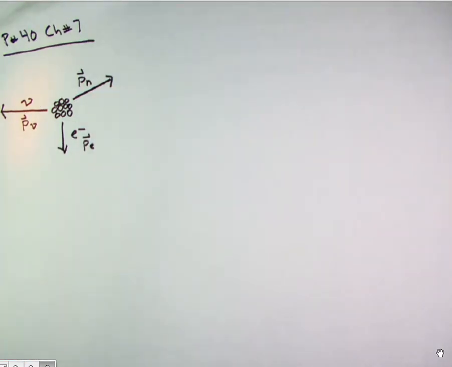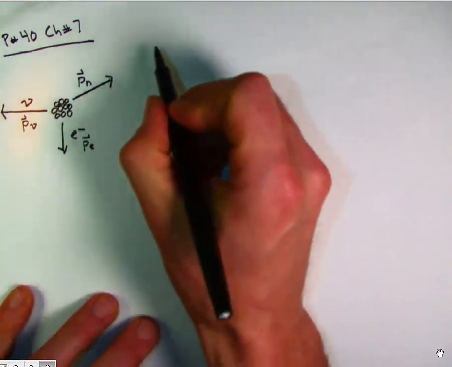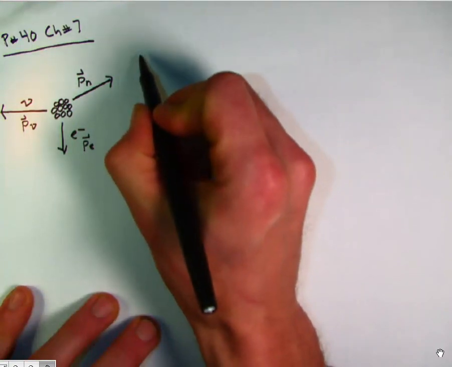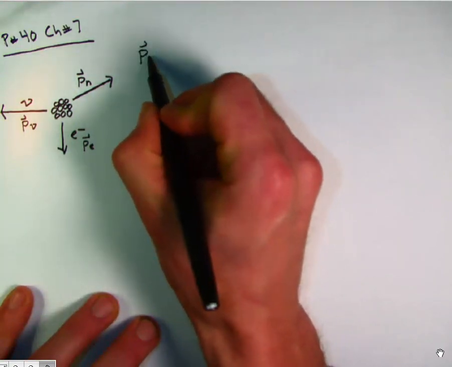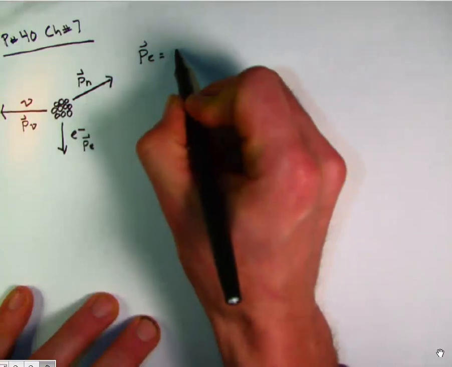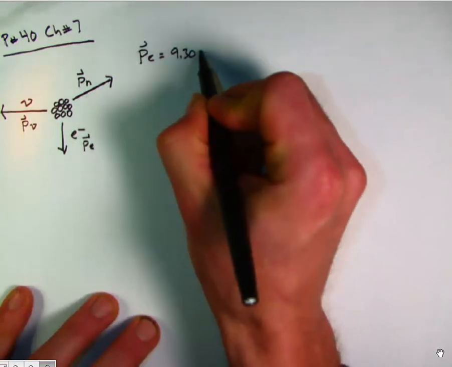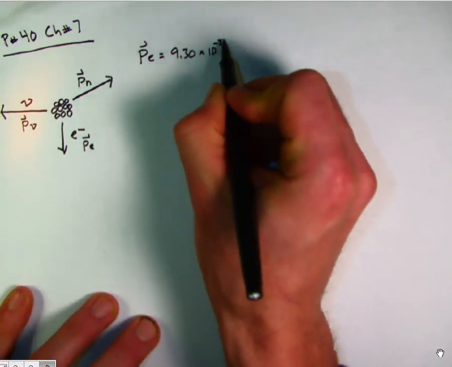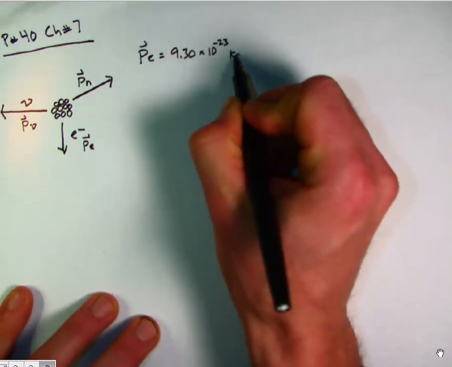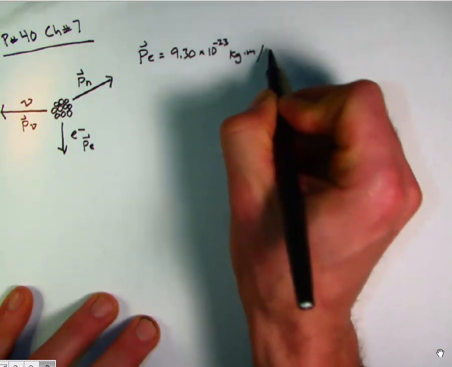Okay, and the problem gives you what the momentum of the electron is. It states the momentum of the electron is 9.30 times 10 to the minus 23rd kilograms times meters per second.